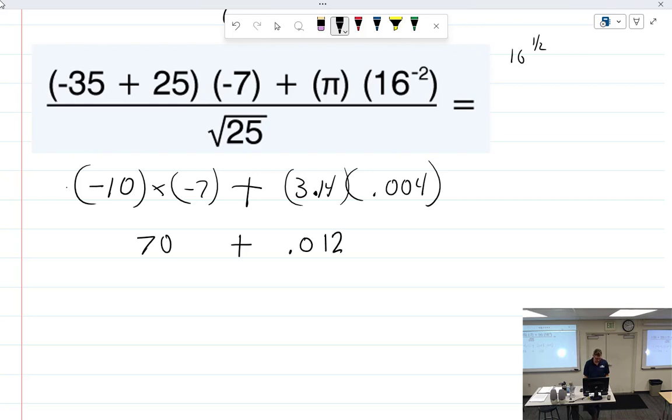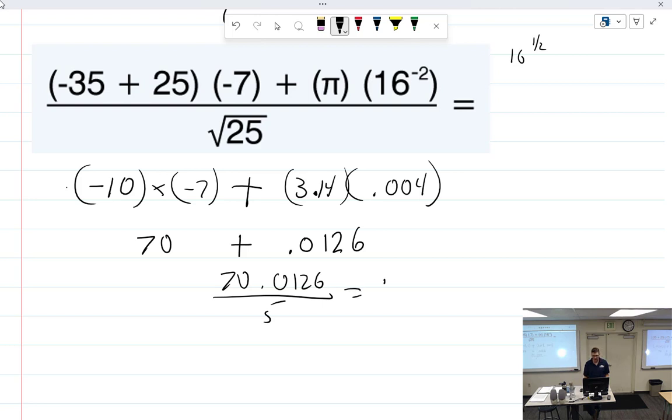0.122. 0.12. I got 0.01. It depends on how far you rounded and such. I got 0.12566. So I got 0.0126. But the answer would be 70.0126 divided by square root of 25, which is 5. So plus 70 equals divided by 5 equals.